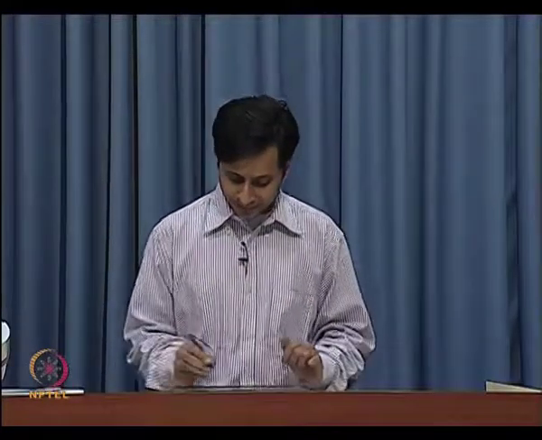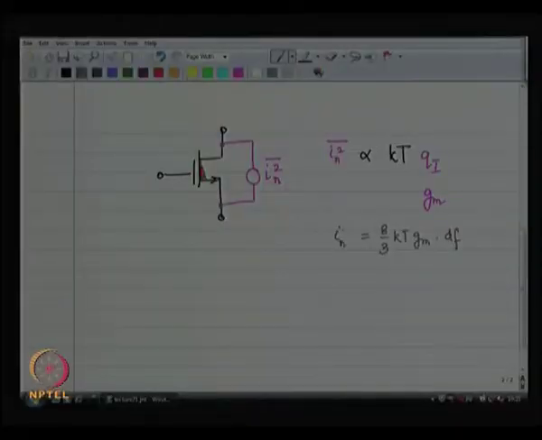If it had been a uniform channel, then you would probably have got 4 kT GM df, I do not know. Okay. So, this is I n squared under conditions of strong inversion and more importantly under saturation.